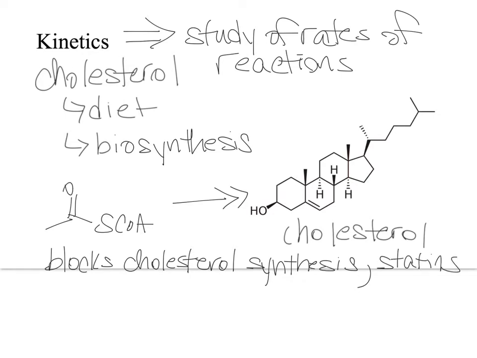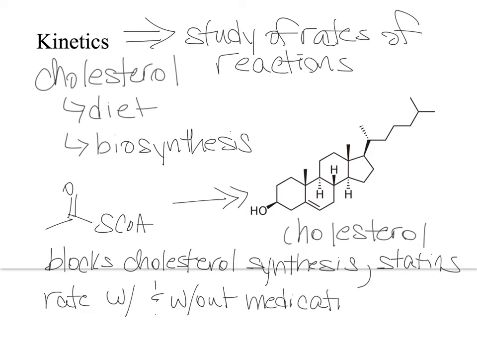Right, so if I'm developing something in the laboratory and I want to use it as a drug to prevent cholesterol synthesis, I need to know the rate with and without the medication, right? I need to know what it is normally, and then it should slow down when I add the prescription medication to it, the compound that's going to block the production. So the only way that I can know that is to know what that rate is.